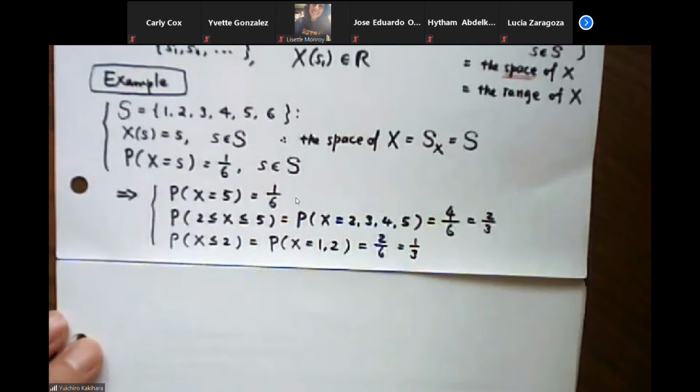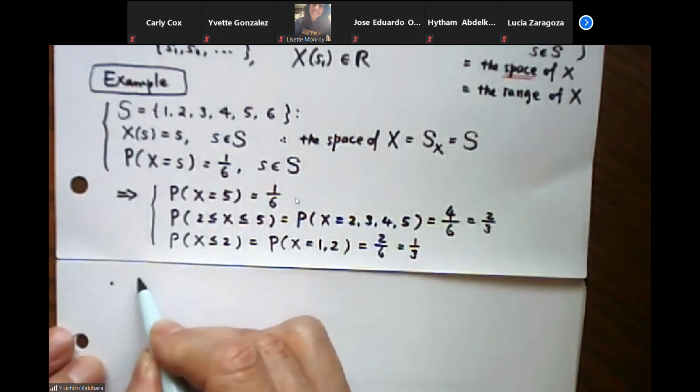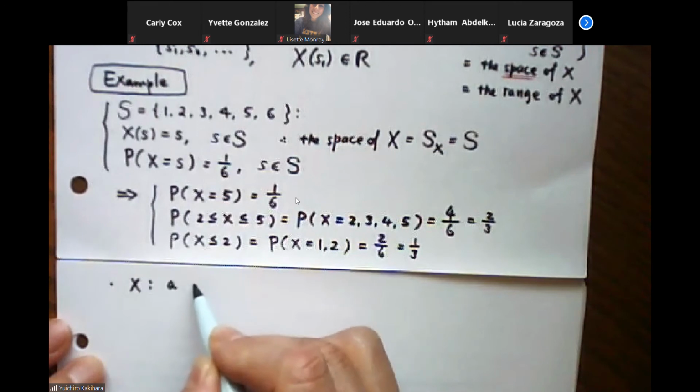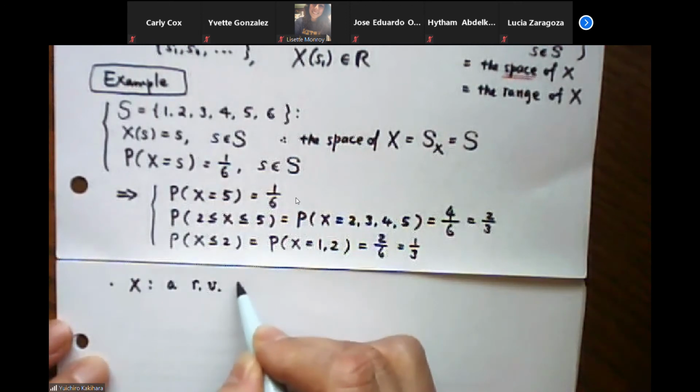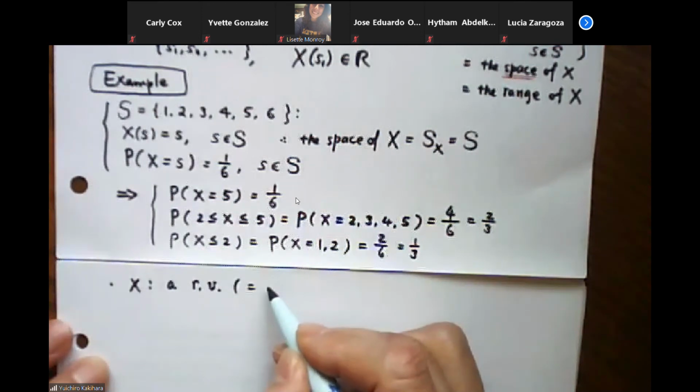We'd like to get the probability mass function, PMF. So the setting is X is a random variable. I'm going to abbreviate this as r.v. This is indicating a random variable.